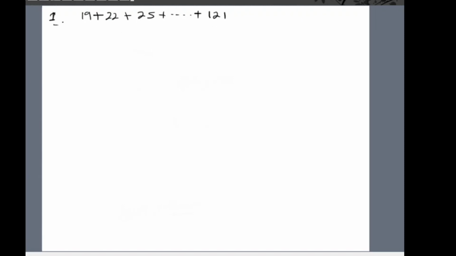Basically, determine the sum of the series. So in other words they want us to find Sn, right?